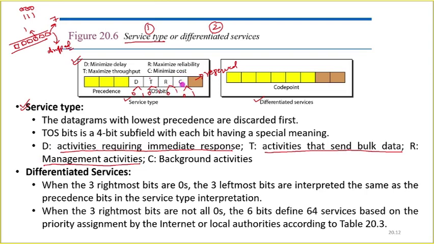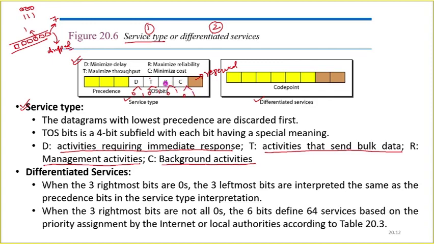Similarly, minimize cost. C stands for cost. If any activities are what is called background activity, which is not that important, in that case we can implement a minimum cost. In that case, the C bit will be 1.